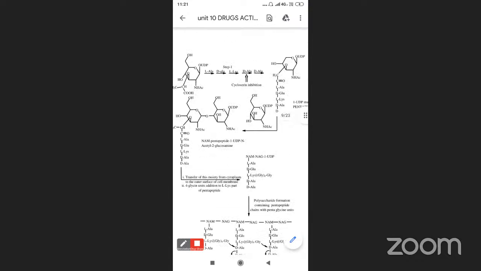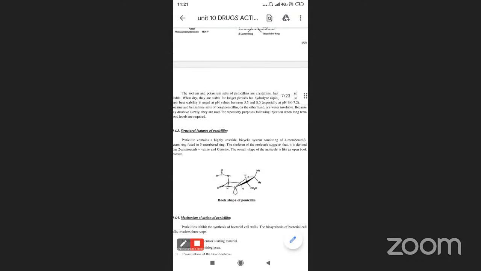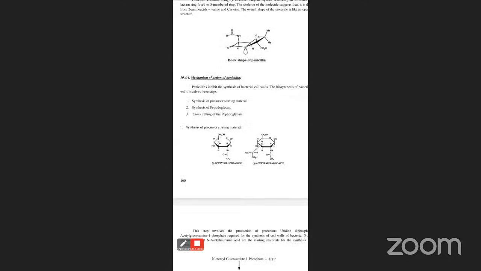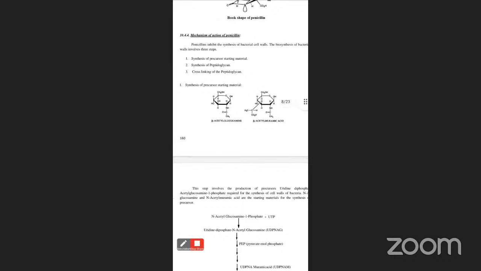What are those? The first step is the synthesis of the precursor starting materials, NAM and NAG. Then the synthesis of peptidoglycan by combining these two precursors, NAM and NAG, which form the peptidoglycan here.